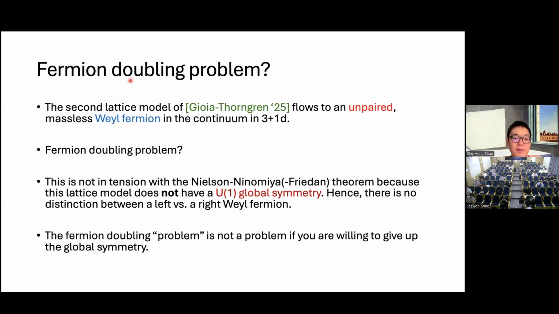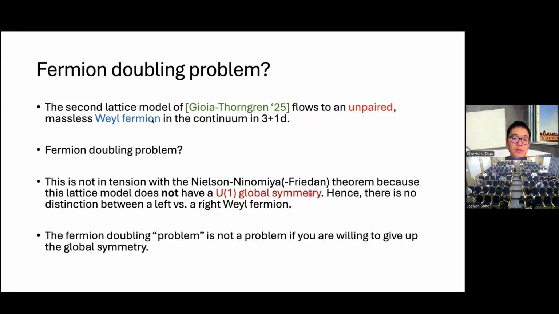the statement of the fermion doubling problem, in my opinion, has been misinterpreted in the literature a lot. And that leaves room for actually a lattice construction for a single Weyl fermion without violation of any known no-go theorem. The hidden assumption that was made in all these no-go theorems is that they assume a U1 global symmetry that's realized in the lattice model.